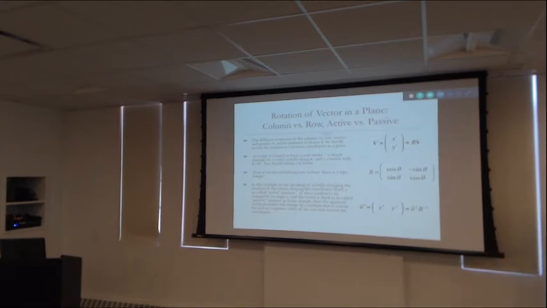If it's 90 degrees, cosine will be 0, minus sine will be minus 1. And then the idea here is that V is a column vector that initially is 1, 0.